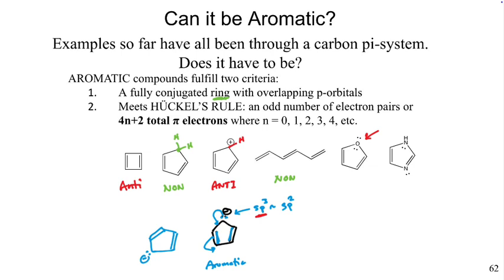So one of those pairs can count. The other pair cannot count because as soon as one rotates in, the other one rotates perpendicular to the pi system and so cannot be involved in the resonance. So one pair counts, the other 2 are pi systems, which means how many electrons do we have? 3 pairs of electrons, which means, say again?